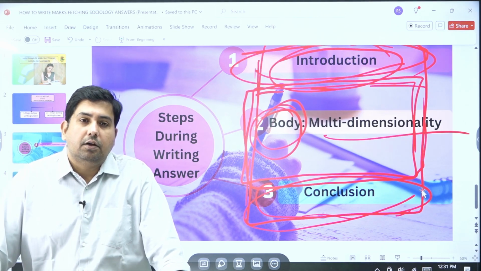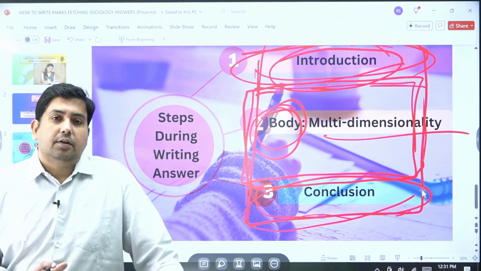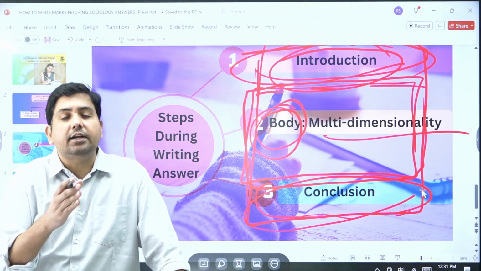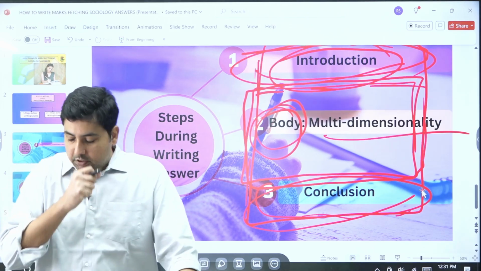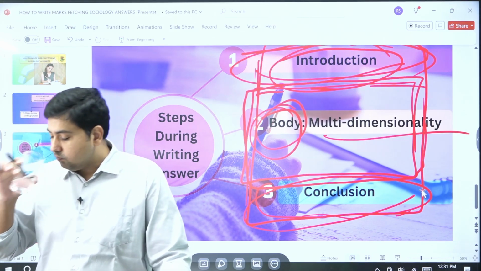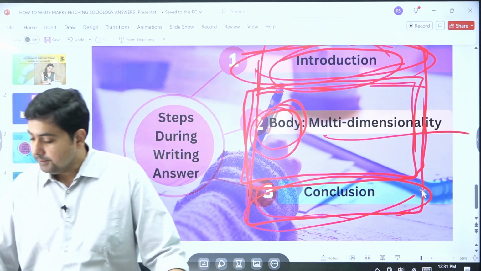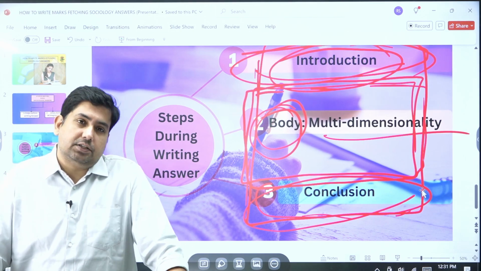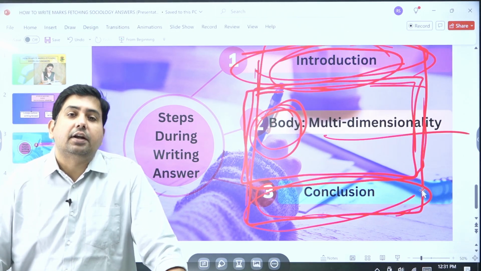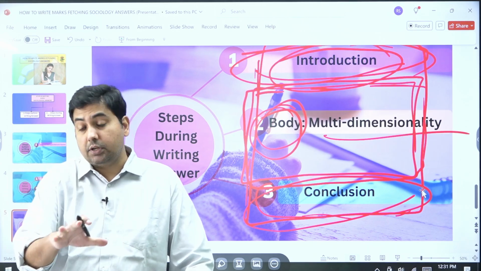Clear? Also, if possible, make your answer more relevant through current affairs. Use current affairs in your answer and Indian examples. Current affairs, Indian examples you must put in your answer.